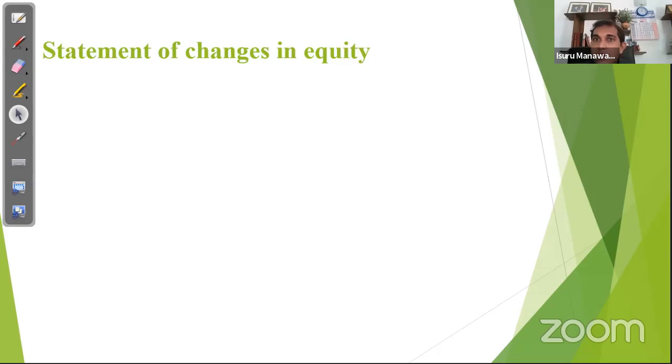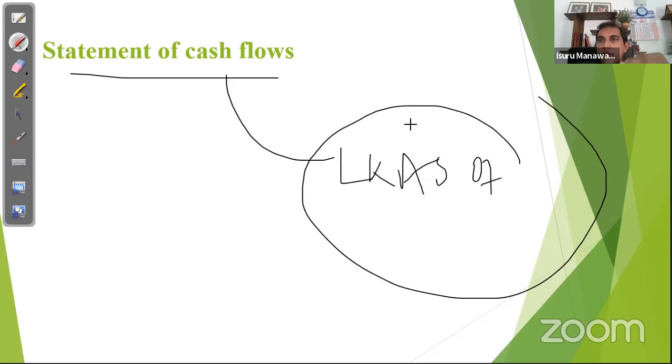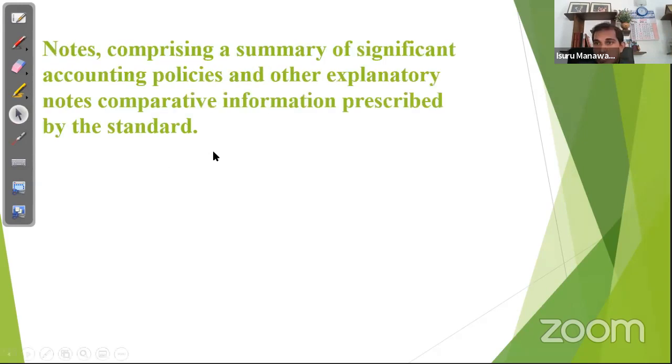Changes in equity, I already told you. The statement of cash flows is very, very important. There is a specific standard for the statement of cash flows, that is LKAS 7, right? So you can learn in future. It is a very, very interesting standard. Then notes: I explained the purpose of notes. We can add some explanatory things to the face of the financial statements.